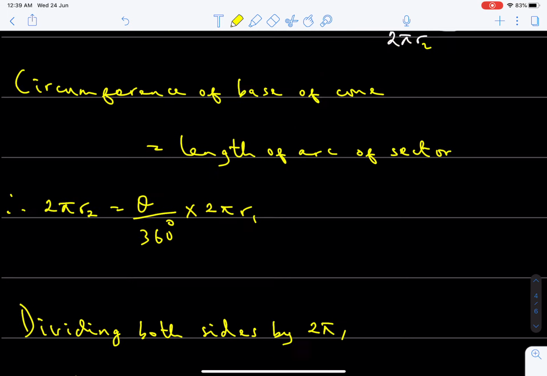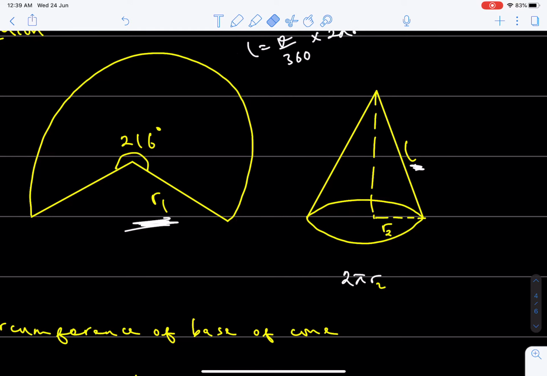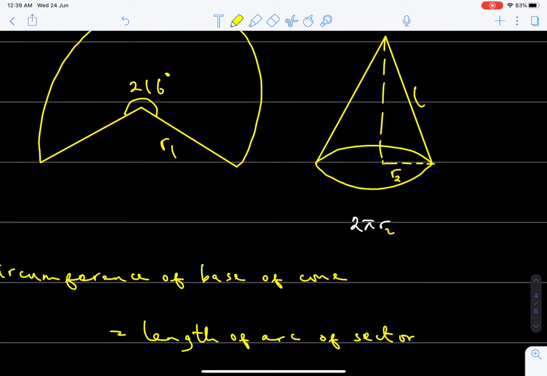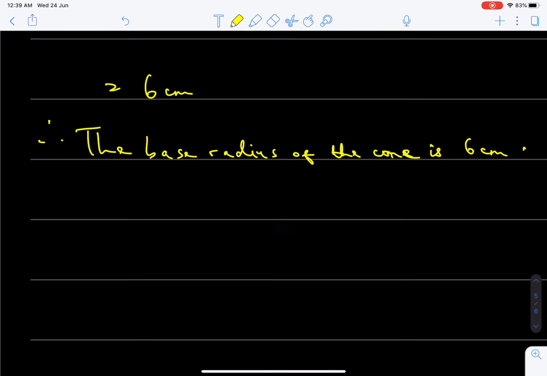Now question B, which says the curved surface area of the cone. To find the curved surface area of the cone, we need its slant height, L. So I now know the radius. Do I know the height of the cone? Okay, let's see. Oh, of course I know that the slant height L of the cone is the same as the radius of the sector.